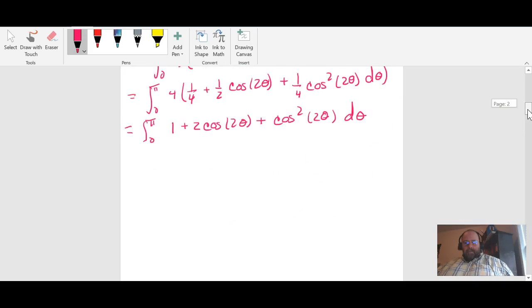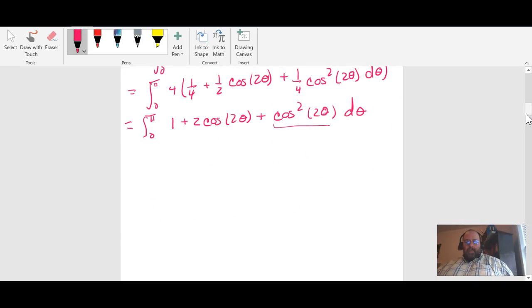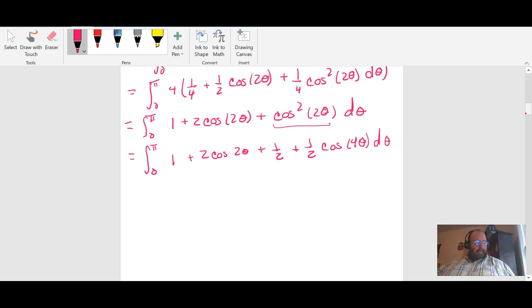And because I have the squared here, I have to apply the trig identity once more, which gets me the integral from 0 to pi of 1 plus 2 cosine 2 theta plus a half plus 1/2 cosine, and now we're going to multiply this by 2 again, so we're going to get 4 theta d theta.